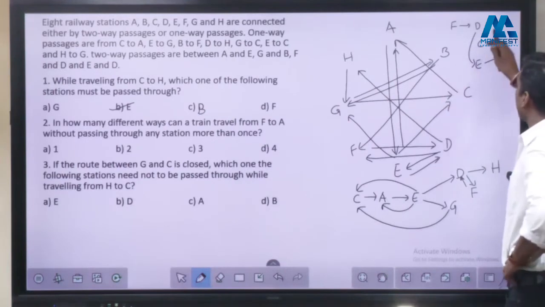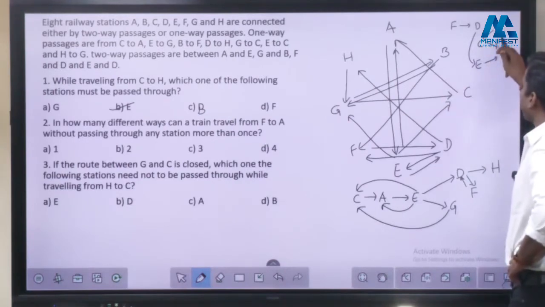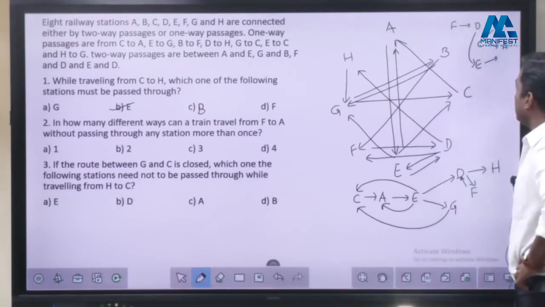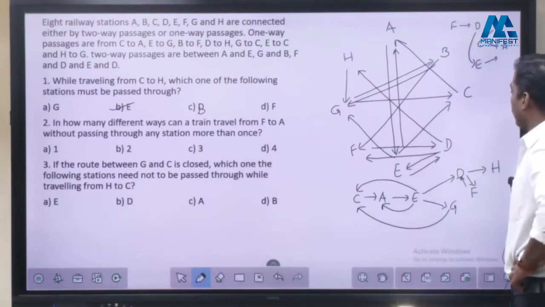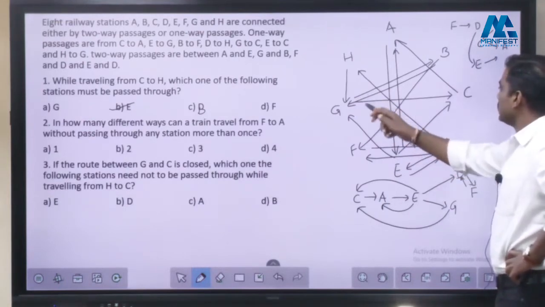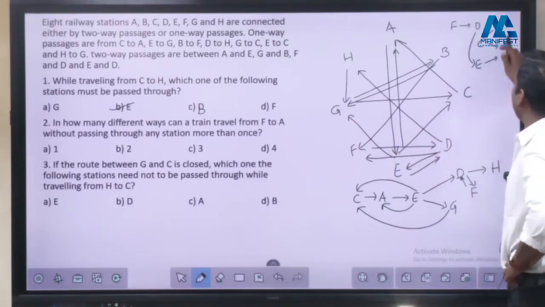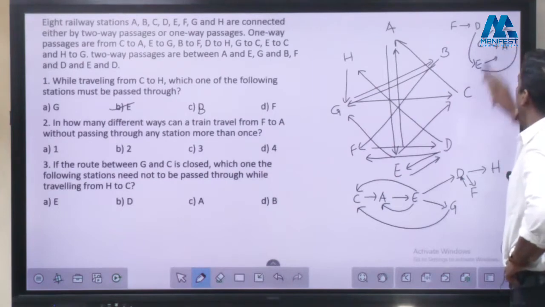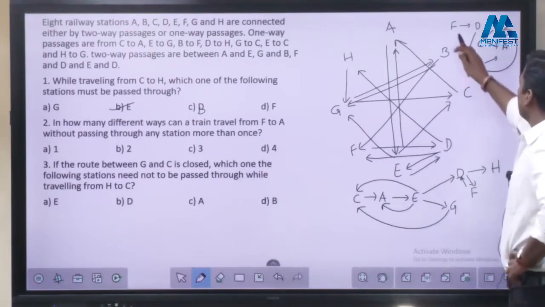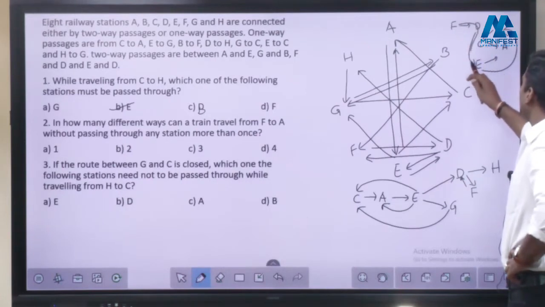G. Can you connect G to D or F? Again, G will get connected by E only. So this is one way.